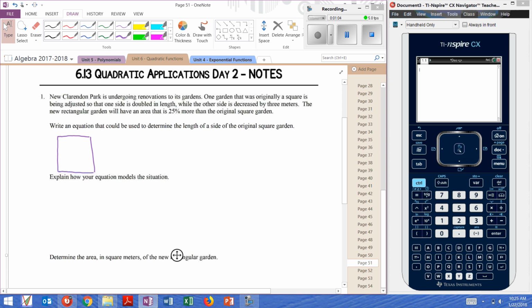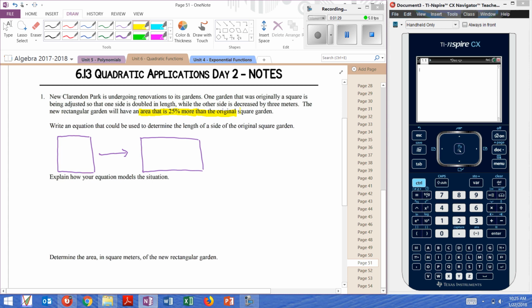So one side is doubled while the other side is decreased by 3 meters. Okay, so basically we're taking a square and we're turning it into a rectangle. Okay, so square to a rectangle, and the new rectangular garden has an area that is 25% more than the original. Okay, so this is weird.